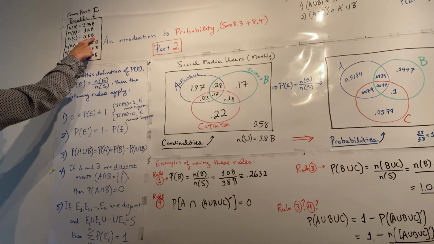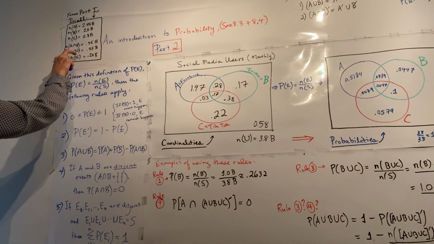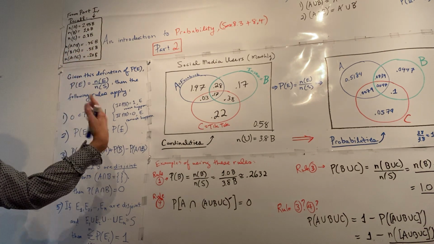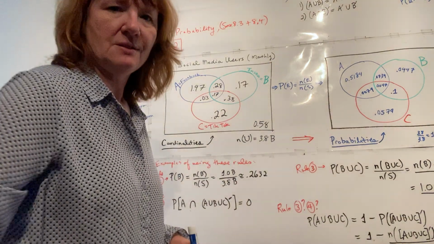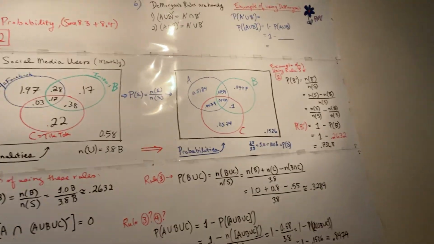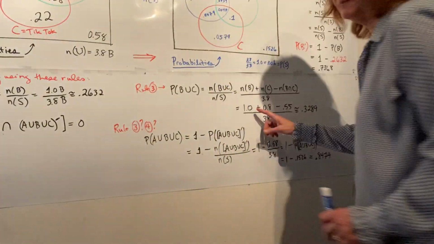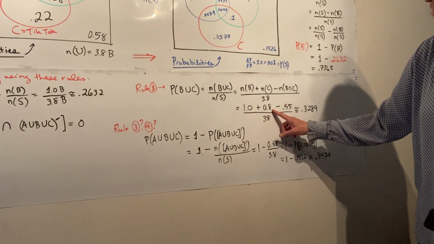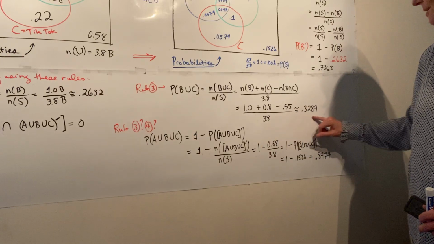The number of things in C was 0.8 billion, that's TikTok users, and the number of Instagram and TikTok users that was given to us. We used that. We had that 0.55 billion. So back over here, I was able to just put those numbers in and get 1.0 plus 0.8 minus 0.55, all divided by 3.8, giving us a probability.